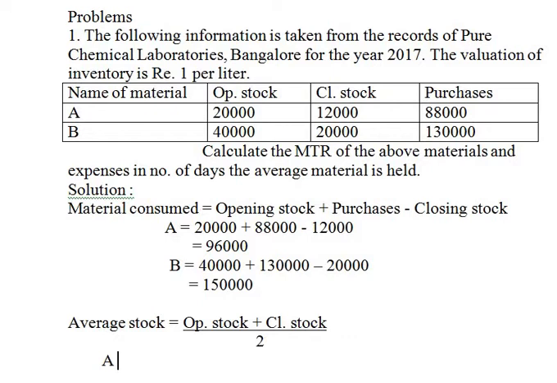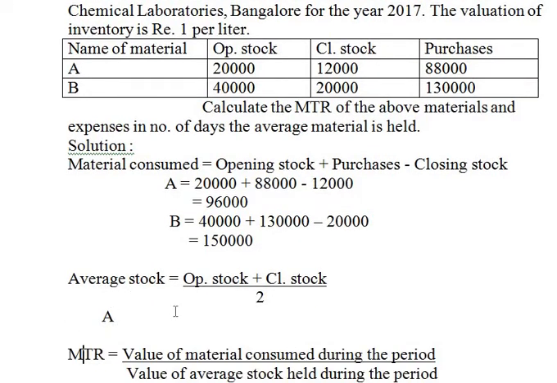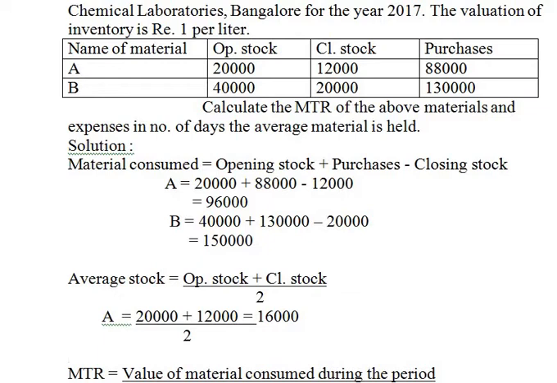Again we need to calculate this for material A as well as material B. A is equal to opening stock 20,000 plus closing stock 12,000, divided by 2. So that will be equal to 16,000.